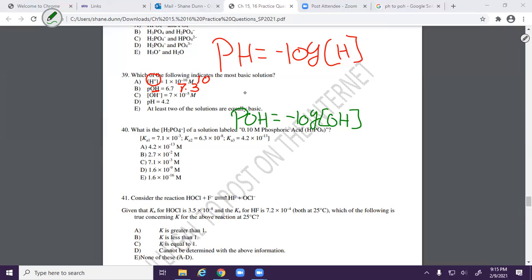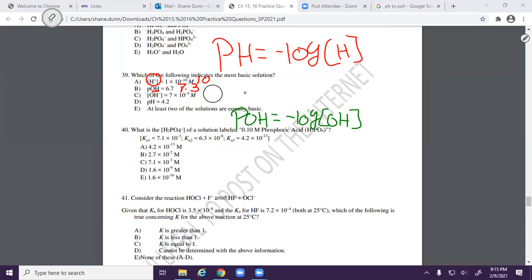So what's the negative log of C? 4.2? 4.2. Good. We're converting all of them into pH, though.